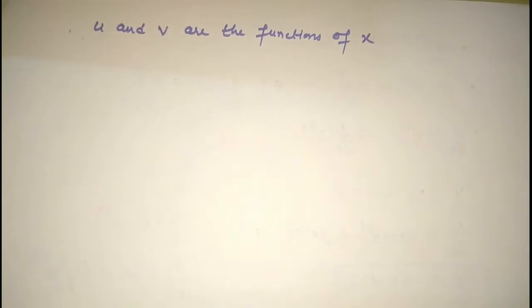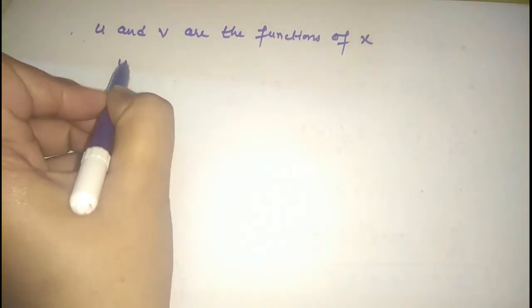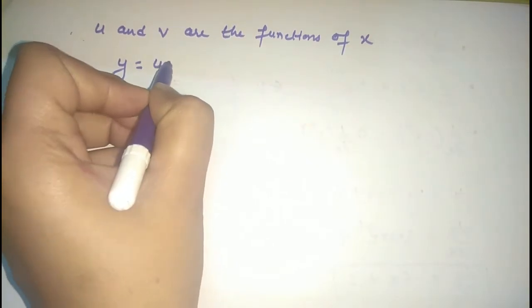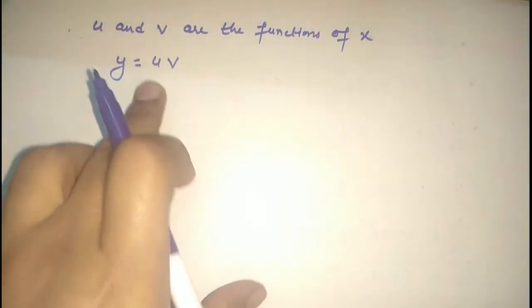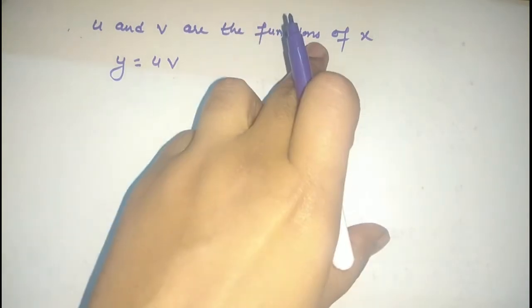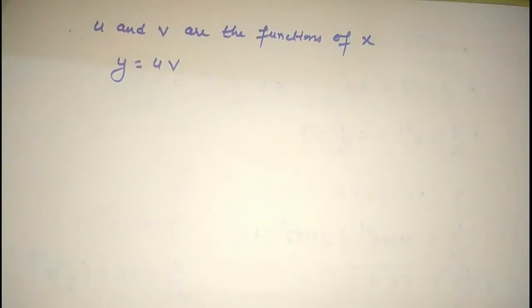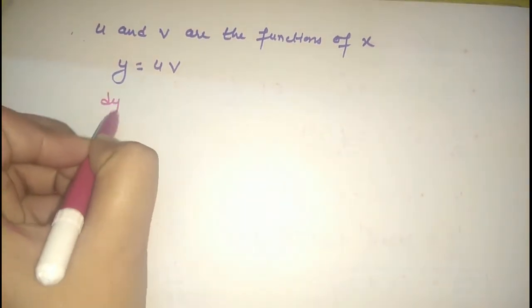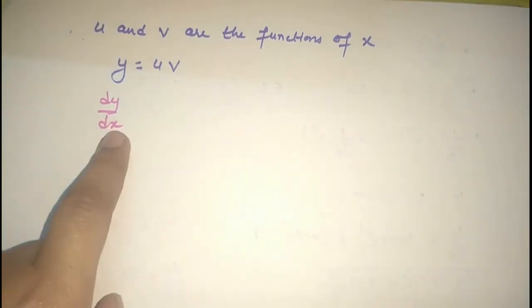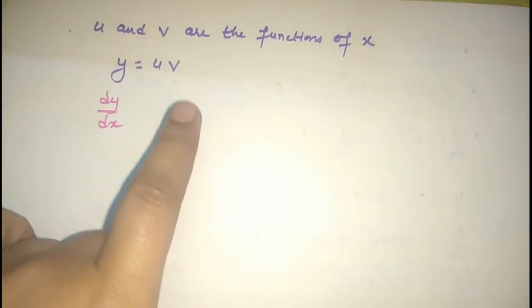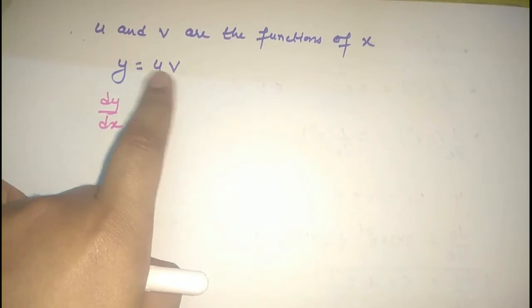Clear? Now what if we have the product of two functions? Suppose y is equals to u into v, and u and v are the functions of x, and we want to find the derivative of y with respect to x, that is dy by dx. Now u and v are in product.